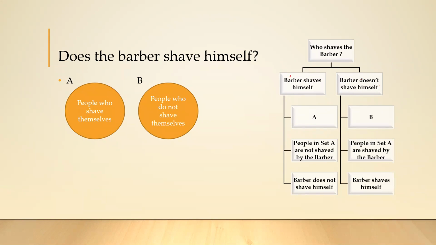Now look here, we look into the first case, where the barber shaves himself. Barber shaves himself means the barber belongs to set A. We are assuming, let him belong to set number A. Okay, now set A is what? People who shave themselves.